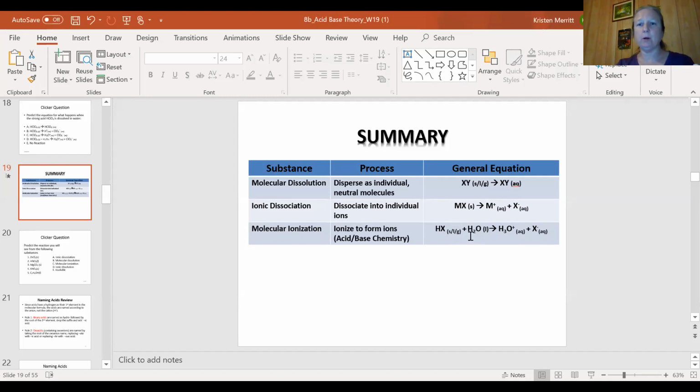There are times when water is going to give up its proton, so it acts as the acid. When you have a strong base, the strong base is going to swipe the proton from water, and you end up with an OH minus, a hydroxide ion, and whatever your base was that swiped the proton. And again, you'll see that. I just want to point out that molecular ionization doesn't just produce hydronium ions, it also produces hydroxide.